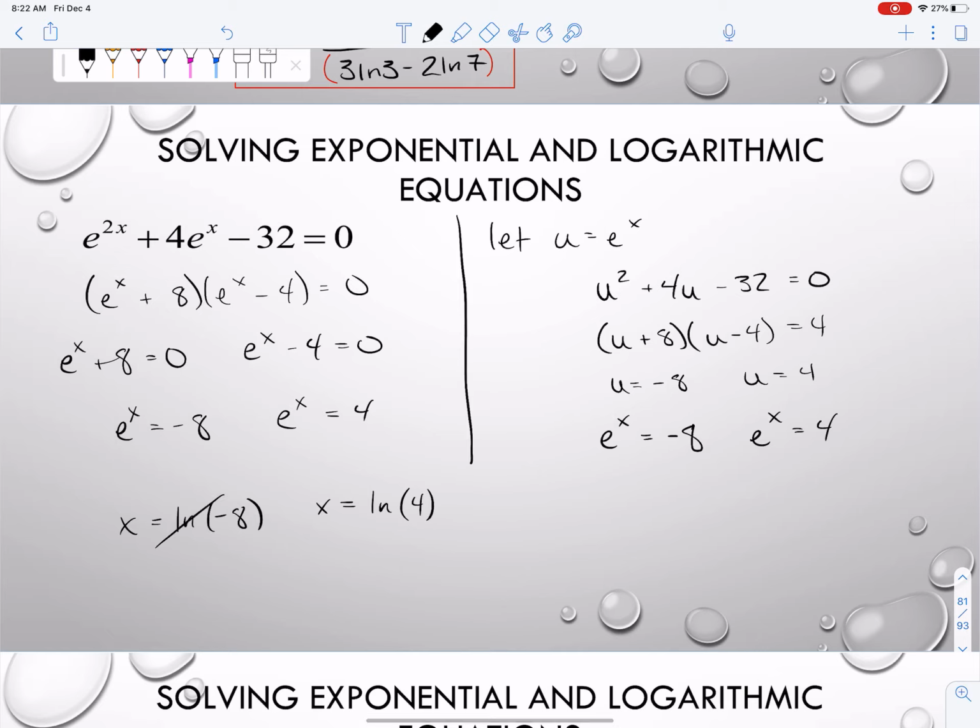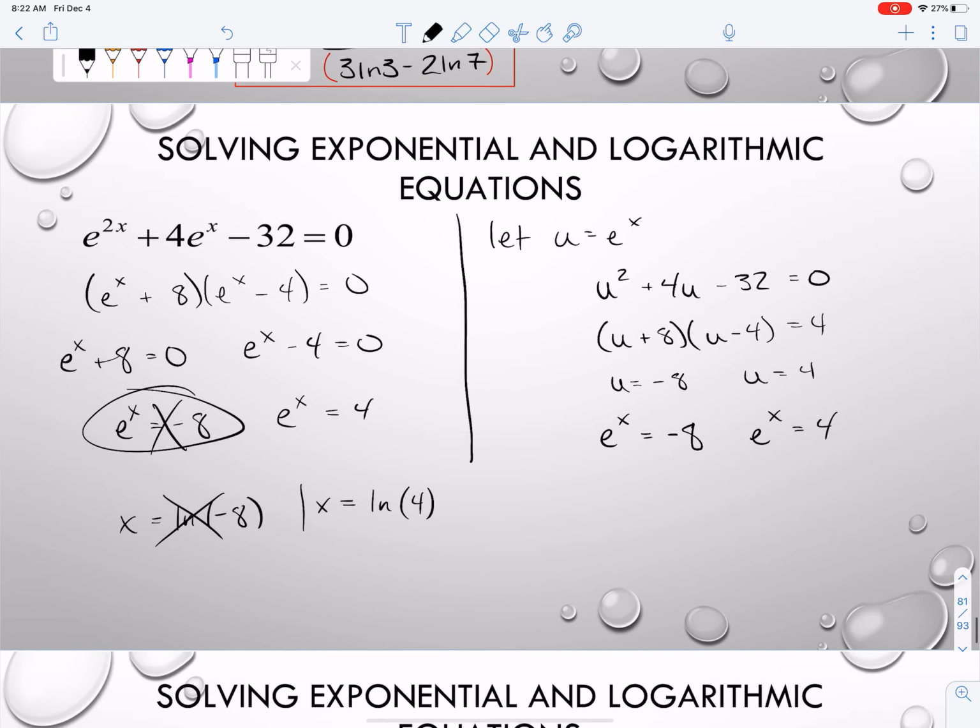Notice this is a problem. I can't take any log of a negative quantity. Also think about it from this point here. An exponential function, unless it's shifted, is never going to equal a negative value. So really at this point I could have said I've got no solution for this particular part. So my only solution here is going to be that natural log of 4.